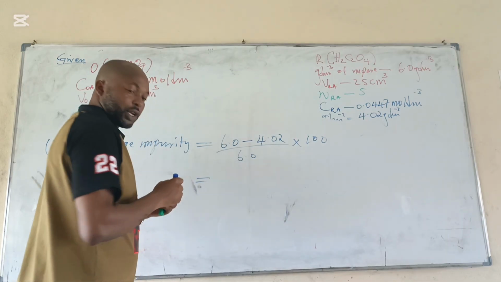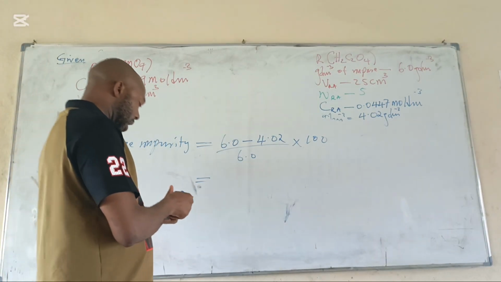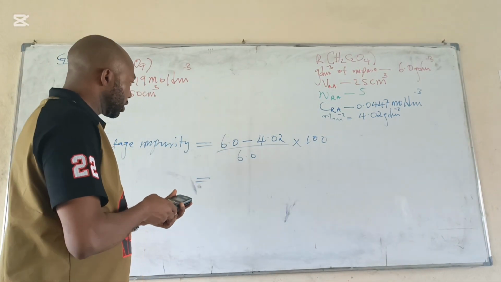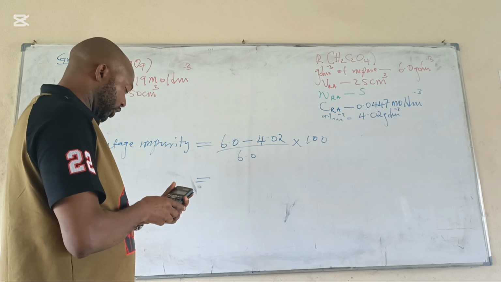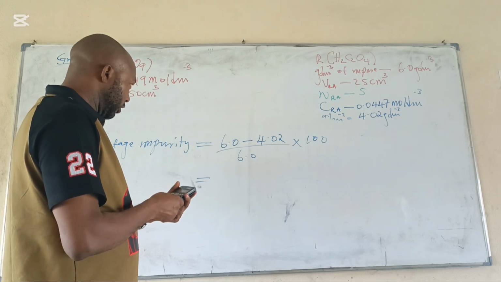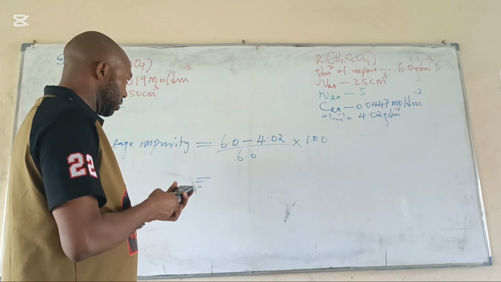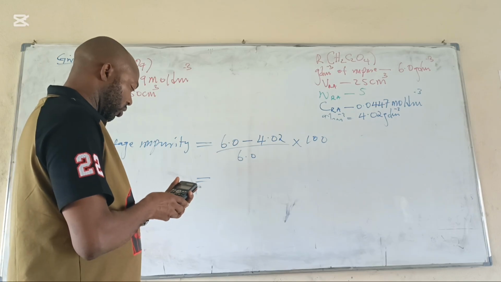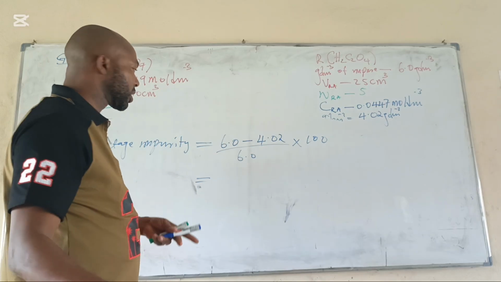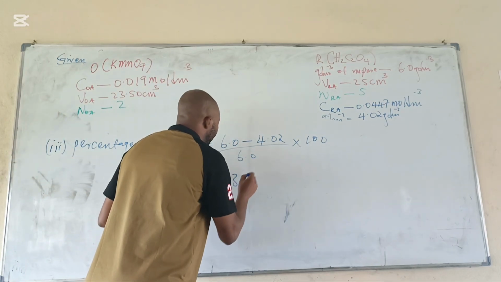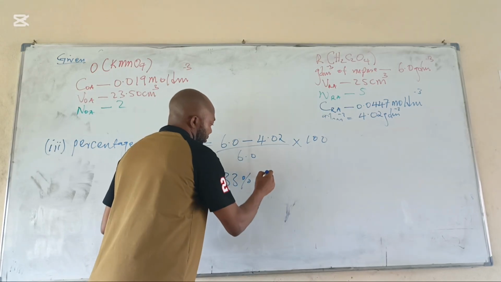And this becomes 6 minus 4.02 divided by 6 times 100, which is 33. So this is 33% impure.